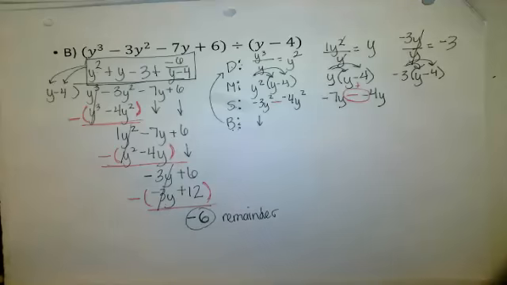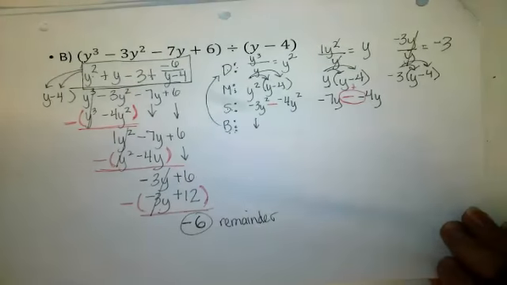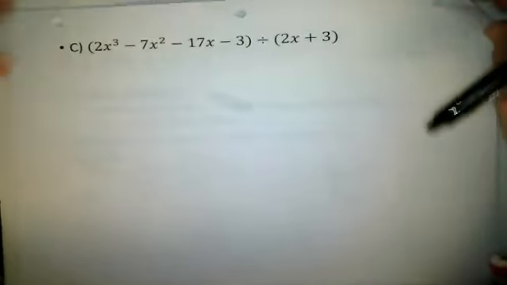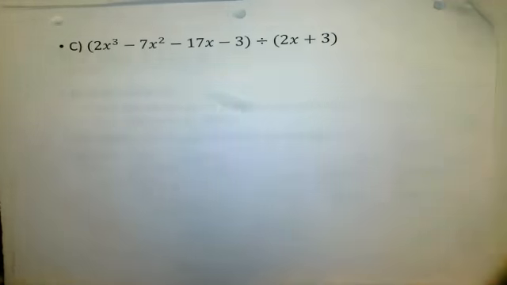Okay, questions on this one? I have one more. I'm going to go a bit faster. 2x cubed minus 7x squared minus 17x minus 3 divided by 2x plus 3. What's different about this one?